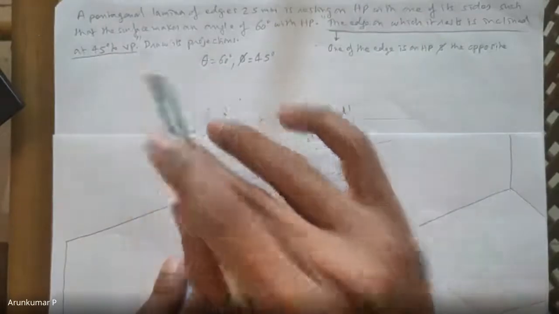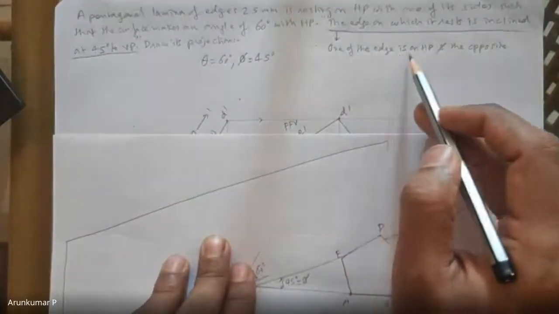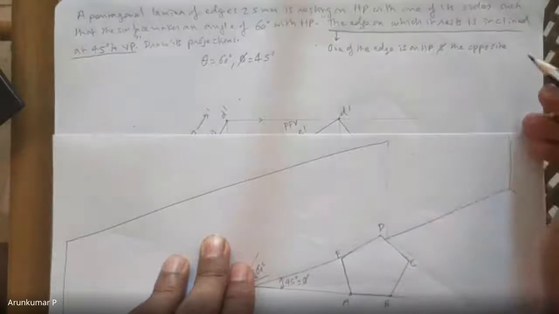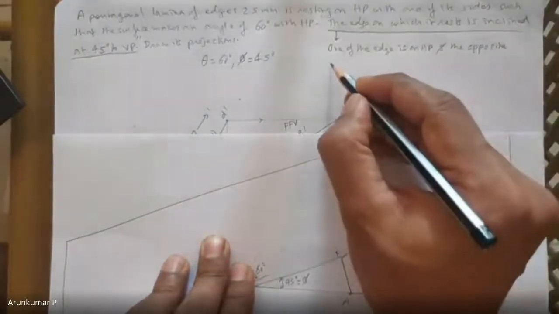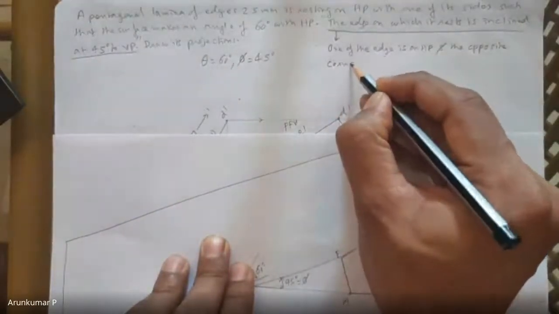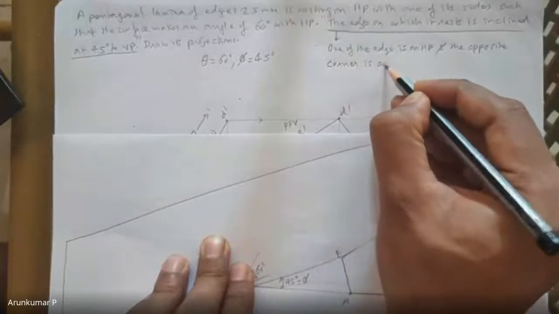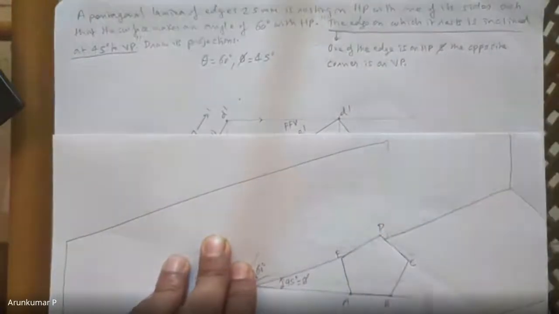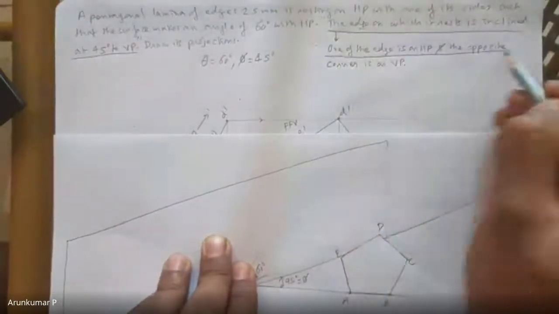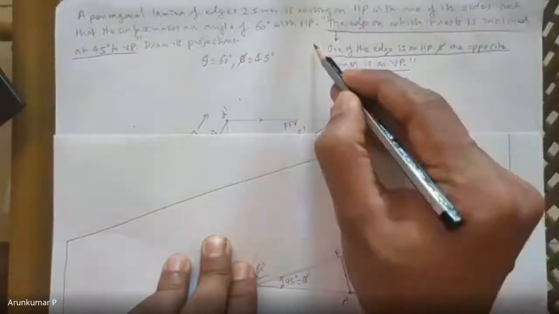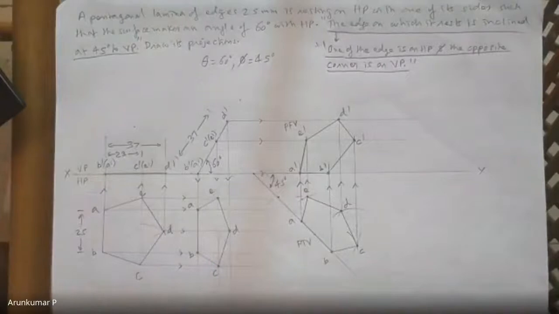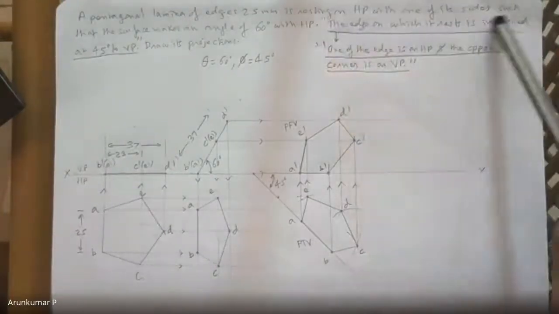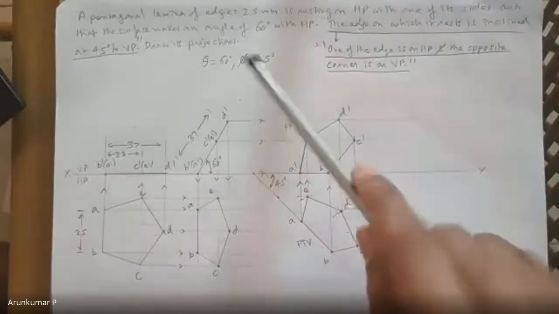Instead of this, what you'll have is one of the edges is on HP and the opposite corner is on VP. This would be the statement. So this statement will be changed to this. Other things remain the same.